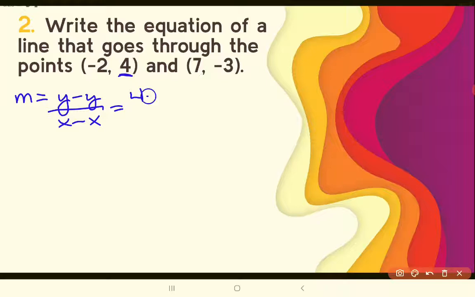So 4 minus, here's my second y value, -3. Do the same thing with your x values. The first one is a -2 minus 7. Well, what happened there on top? There was a minus in the equation, and then you had a negative number that you filled in for y. Well, two negatives make a positive.